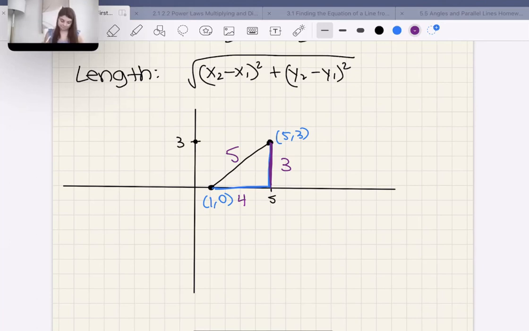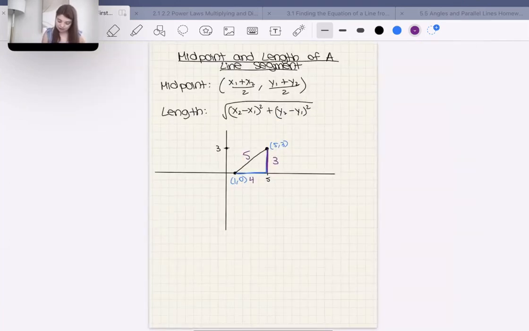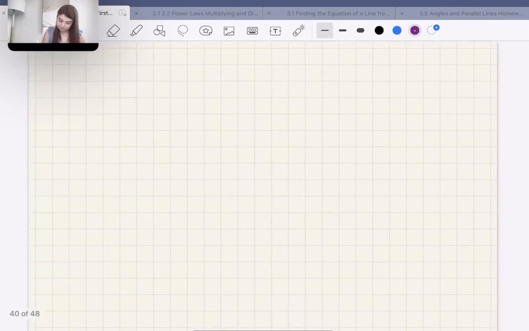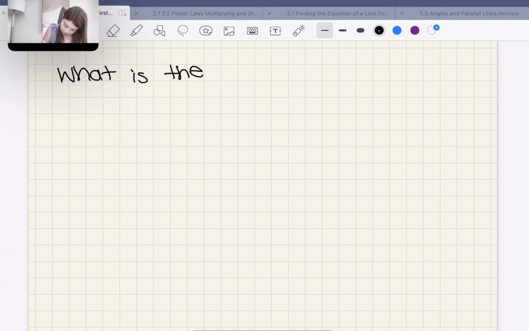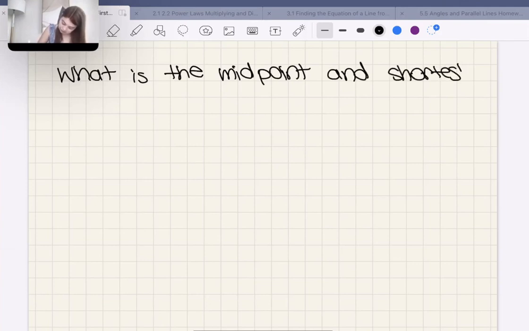Okay. All right, so very good. So I'm going to go ahead and give some examples. I'm going to ask, what is the midpoint and shortest distance between, and let's do 2 examples.